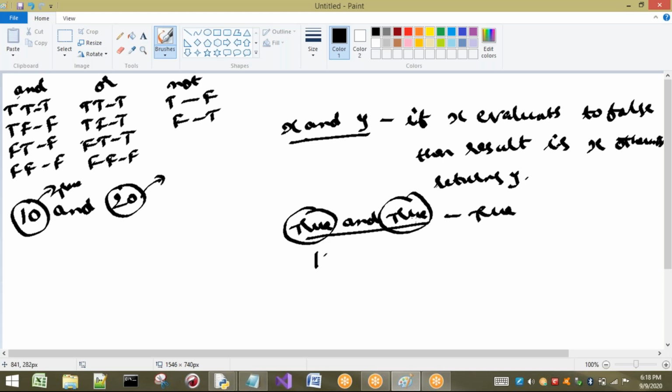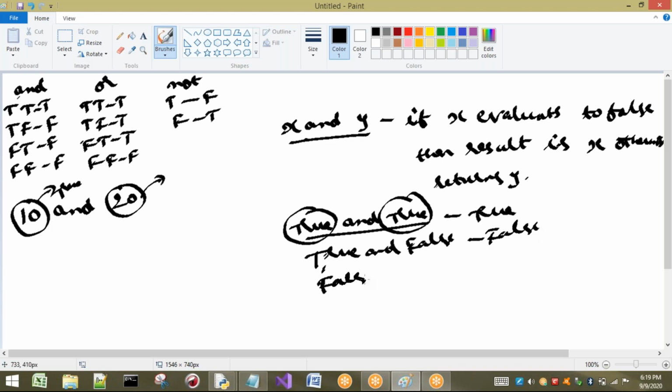No. It will return true. The next case I will take is true and false. What is it going to evaluate here? True only. Then automatically it returns y. If x evaluates to false, is it false? No. If it is false, it returns this one. Otherwise, it returns y.